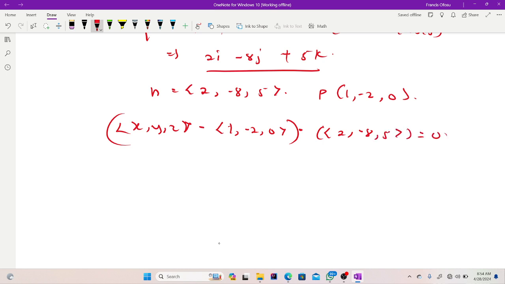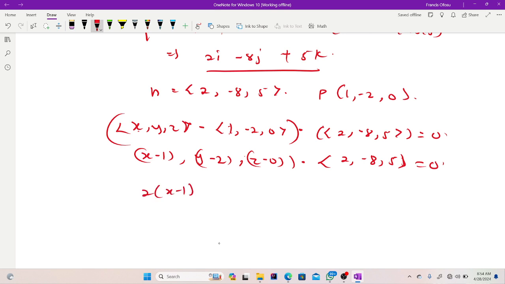So I'll have (x minus 1, y minus -2, z minus 0) dot (2, -8, 5) should be equal to 0. So here I'll have 2 multiplying x minus 1, plus -8 multiplying y minus -2, plus 5 multiplying z minus 0 equals 0.